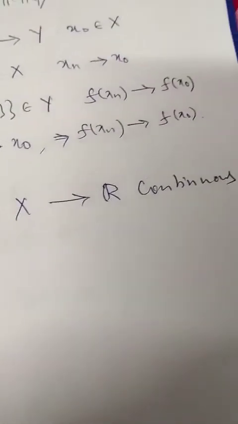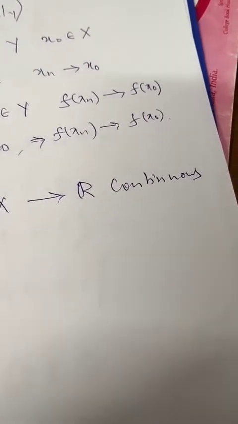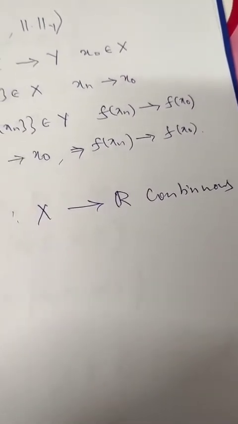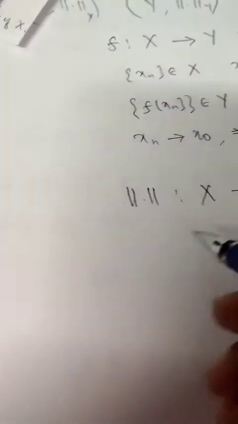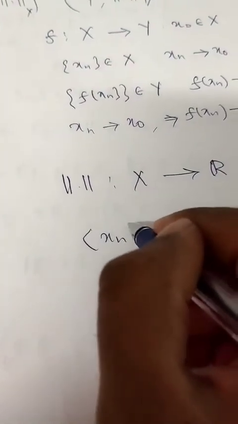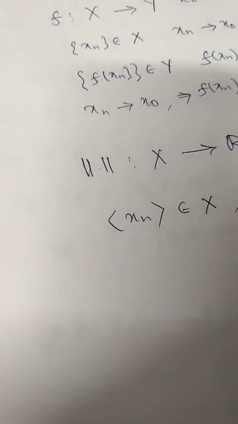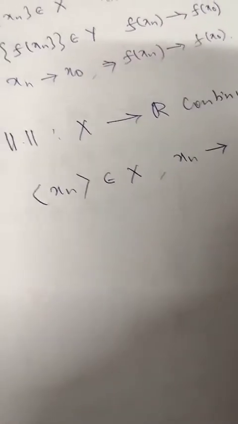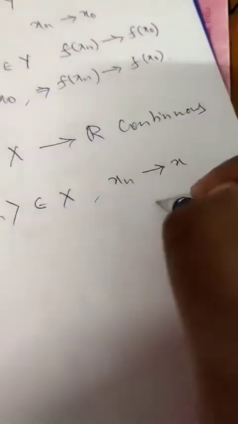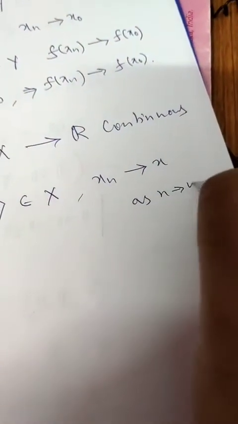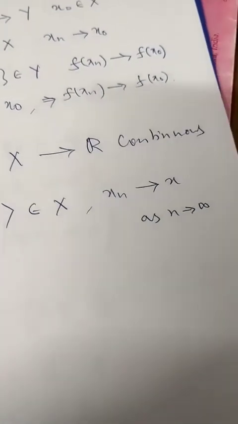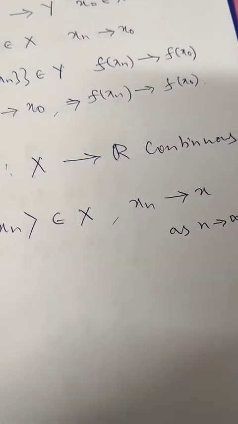Suppose we have a sequence xn in x such that xn converges to x as n tends to infinity.